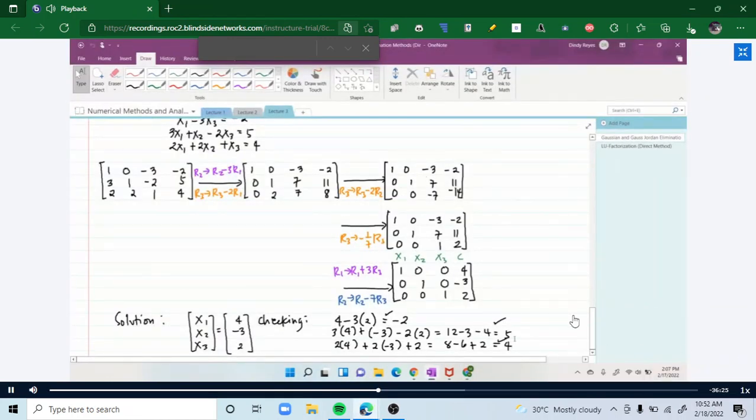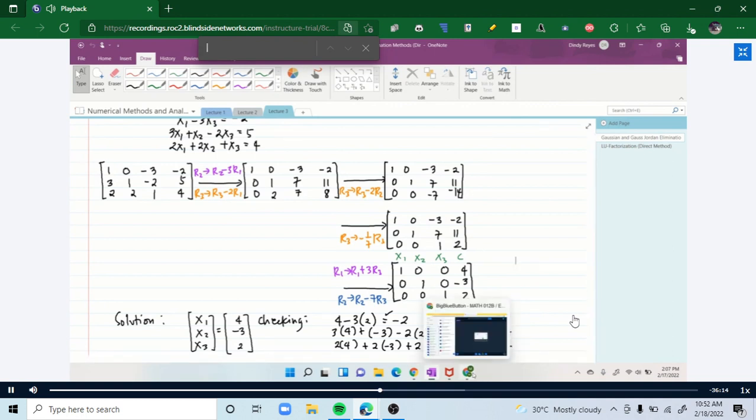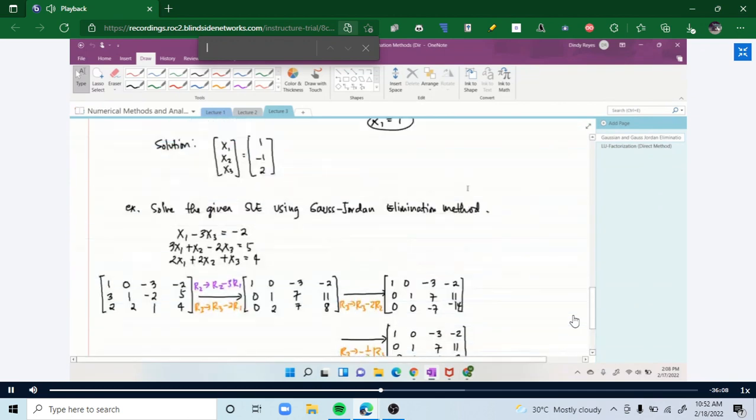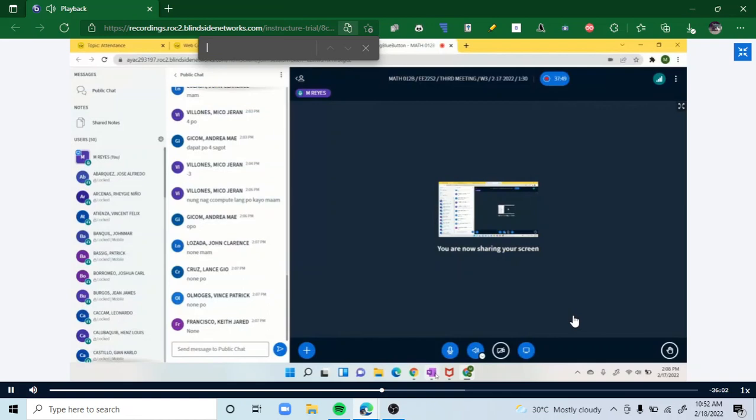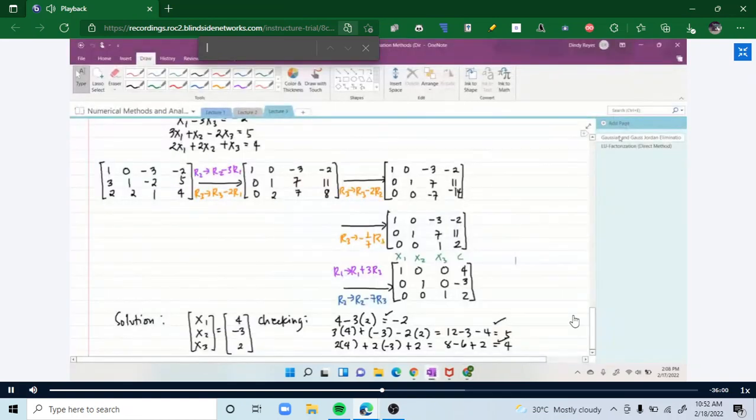Pag fraction, rational numbers o kaya whole numbers, okay lang si Gaussian elimination, Gauss-Jordan, and LU factorization. But if the solutions are not rational numbers anymore, then we cannot make use of this direct method. So we need an iterative method to solve a system. Okay, and we will be dealing with that next meeting.